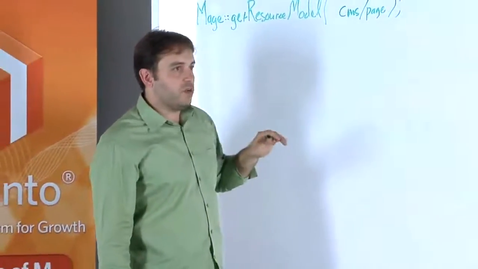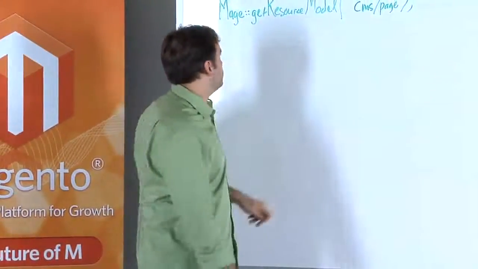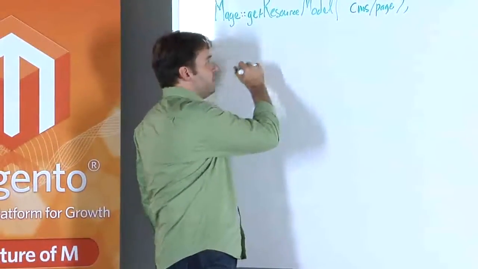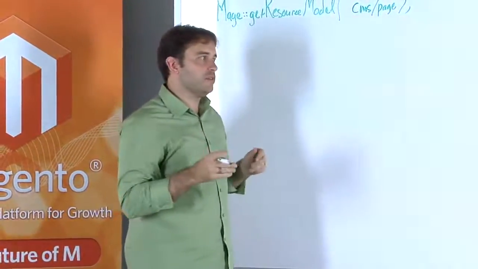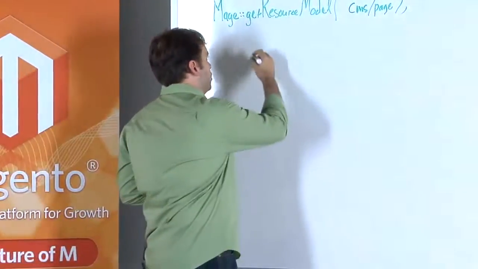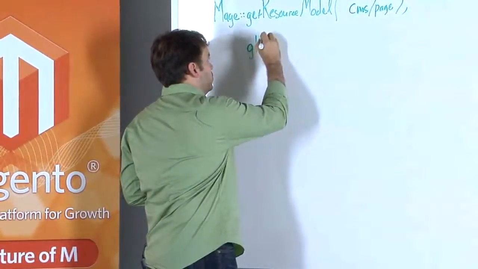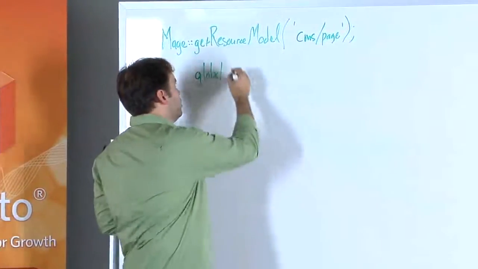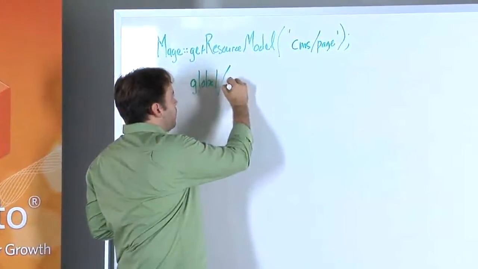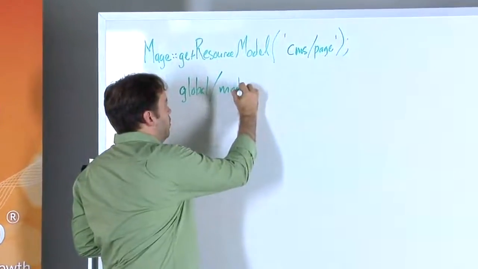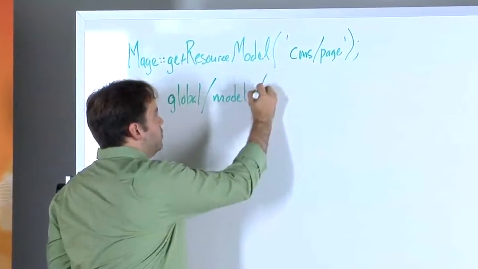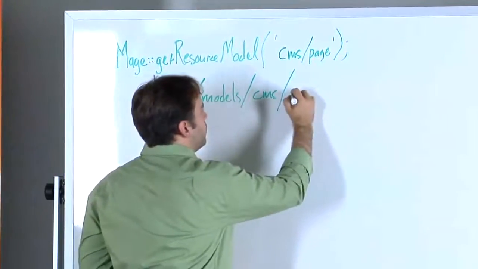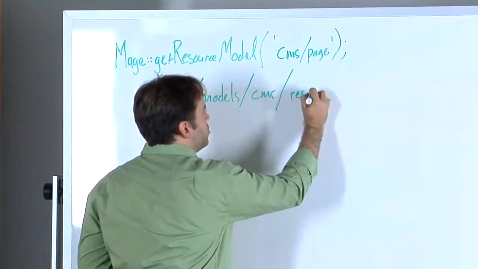Now the difference is, whereas CMS page in get model would look under the configuration DOM structure, we're going to look for this XPath: global, models, CMS, resource model. This is Mage Core Model Config, again, doing the work.